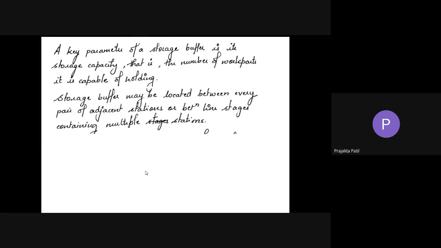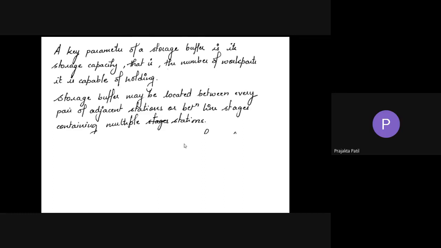For example, suppose you have 10 workstations in line, station number 1, 2, 3, 4, and so on up to 10, you can have 9 buffer storages. That is one buffer storage in between station 1 and 2, one in between station 2 and 3, and so on. So if there are 10 stations, you can have 9 buffer storages, or you can have 2, 3, and so on.